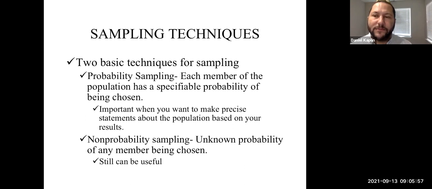So I guess what I'm trying to say is that it's not all or nothing. Even though you don't know the likelihood of an individual being selected, that doesn't mean it's useless entirely. It has value. And in fact, I'm going to tell you, most research studies operate in one of the subtypes of non-probability sampling. And I'm going to get there.